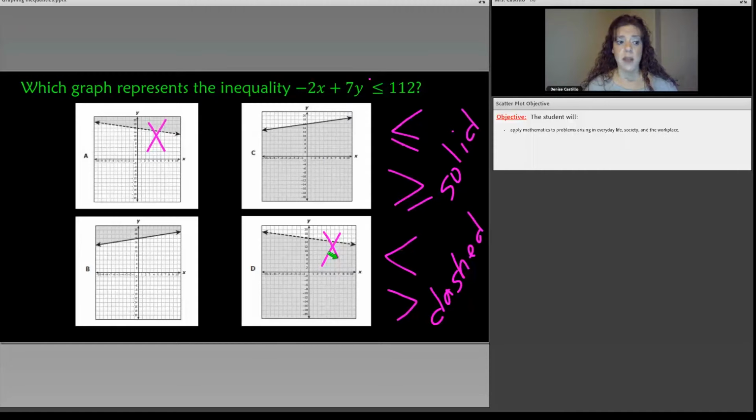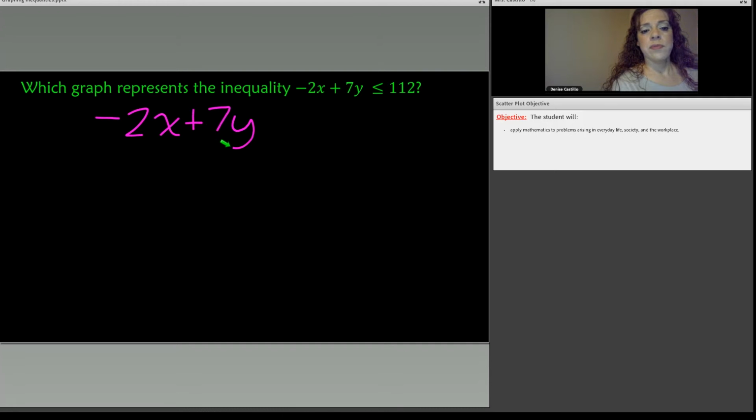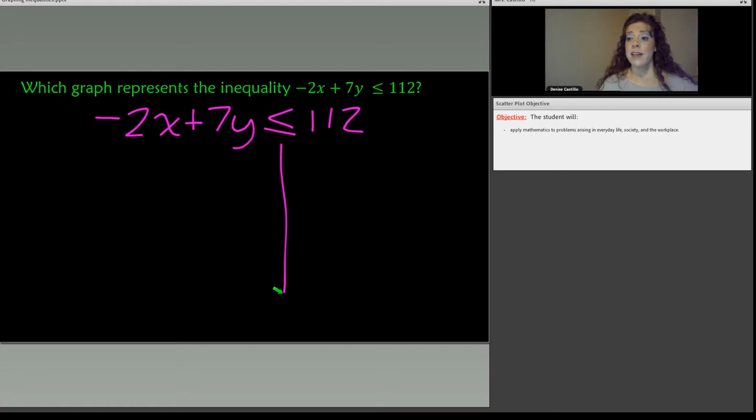Okay, so here we have negative 2x plus 7y is less than or equal to 112. If you remember from class, we can convert from standard form to slope-intercept form in 2 easy steps.